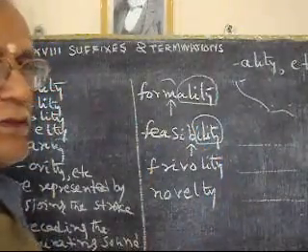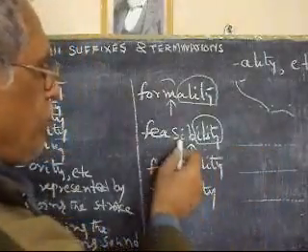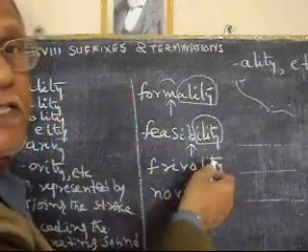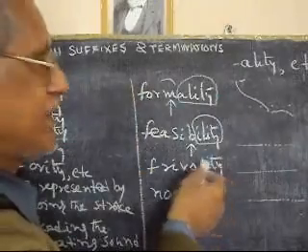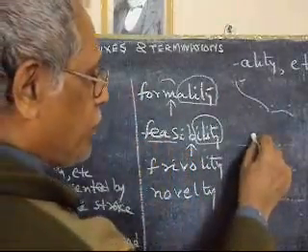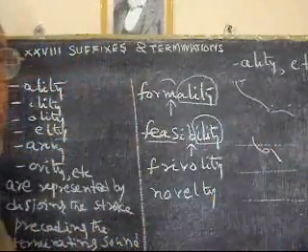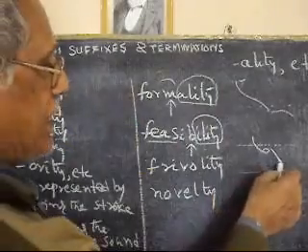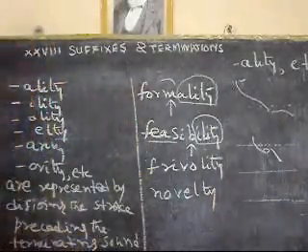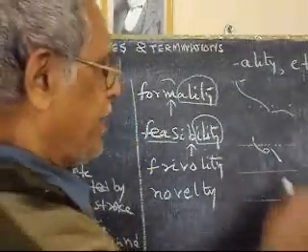Before that, fees is there. Isn't it? This is the structure. Fees. So, feasibility. Now there is no question of putting any vowel sign.